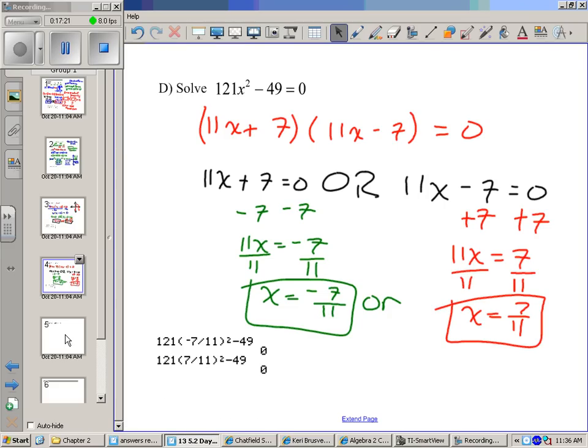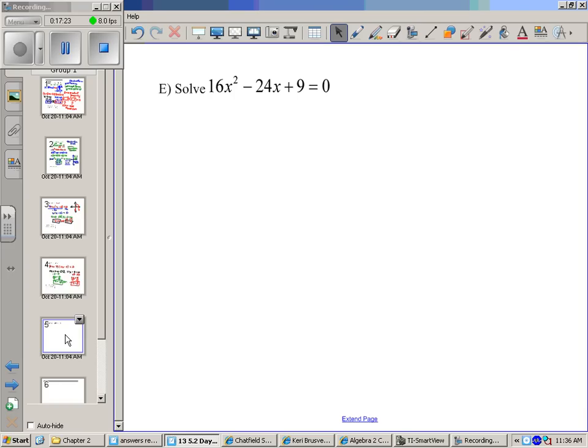Let's try that problem that I brought up accidentally. Let's try this one: 16x squared minus 24x plus 9. I could definitely use the California method on this, but it's also nicer to notice that 16x squared is a perfect square, 4x squared. 9 is a perfect square, 3 squared. 4 times 3 is 12, times 2 is 24.